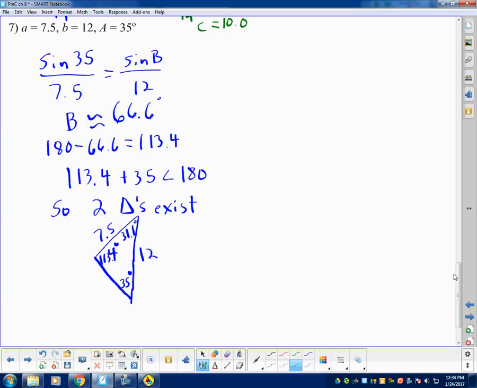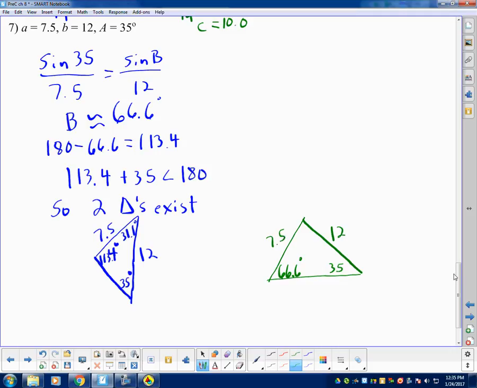It's an acute triangle. And so here's my 66.6 degrees here. And then opposite the 66.6 would be 12. And then let's see, what else do we know? We know 35. And then opposite that is 7.5.